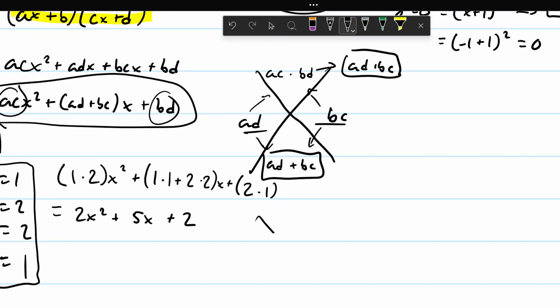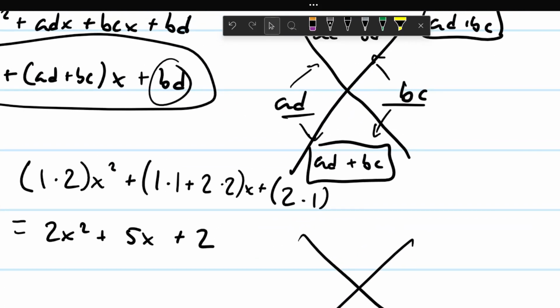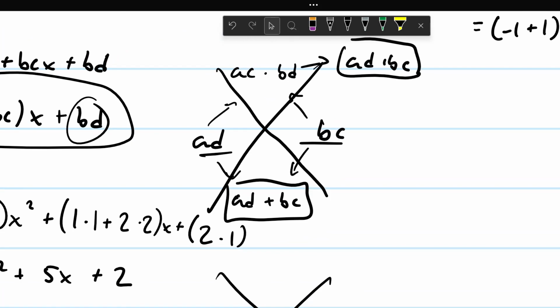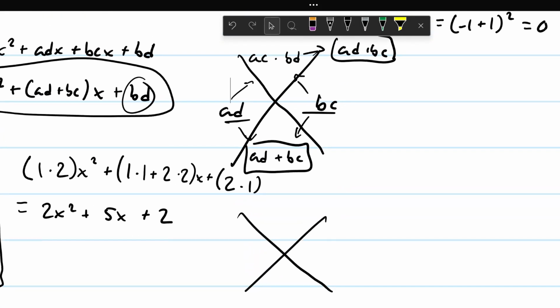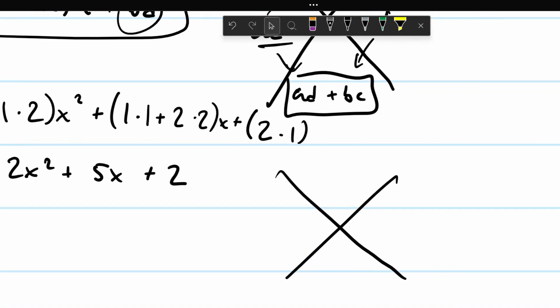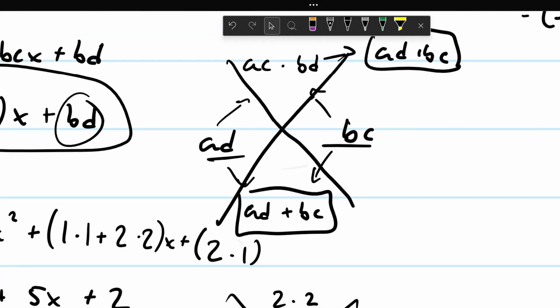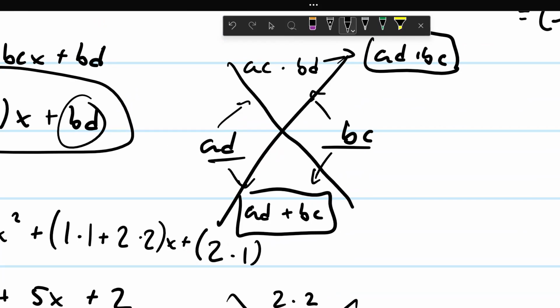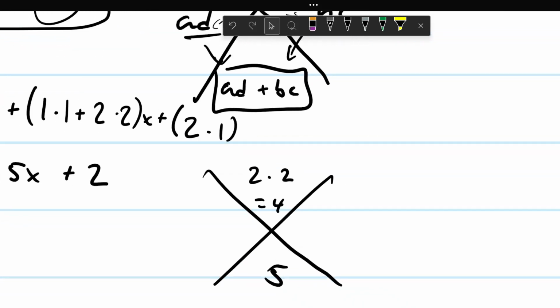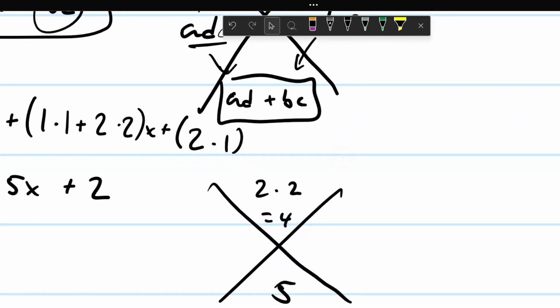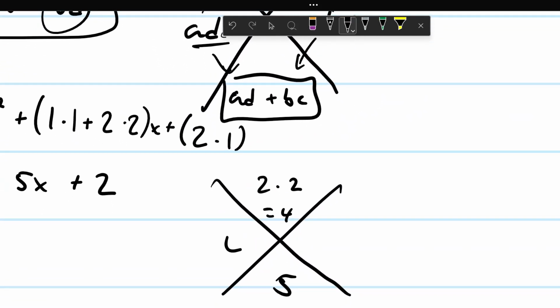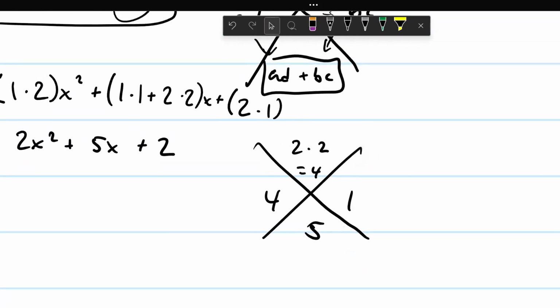Now we could already tell that, looking right here, AC, BD is the first and the last coefficient, so 2 times 2, which equals 4, and it's 5. Usually we don't know A and D, B and C, so we try to guess, and I could already tell that it's 4 times 1, because 4 times 1 is 4, and 4 plus 1 is 5.